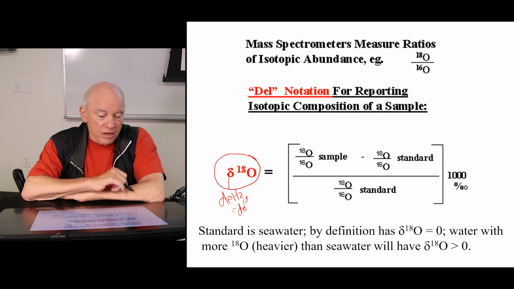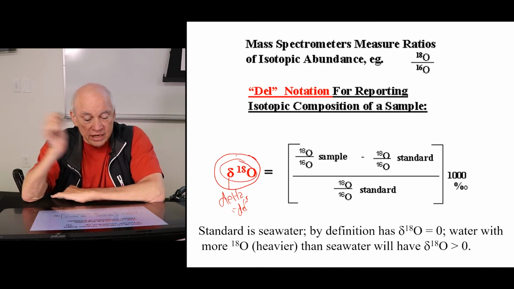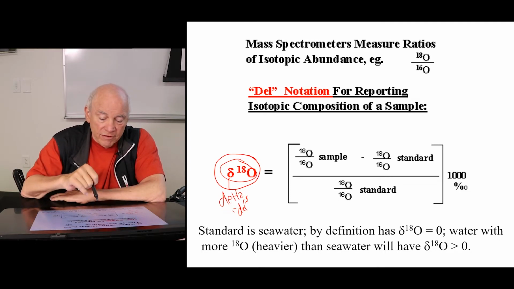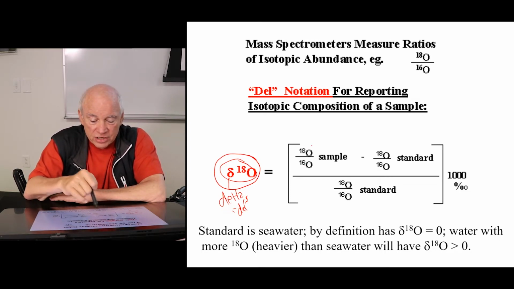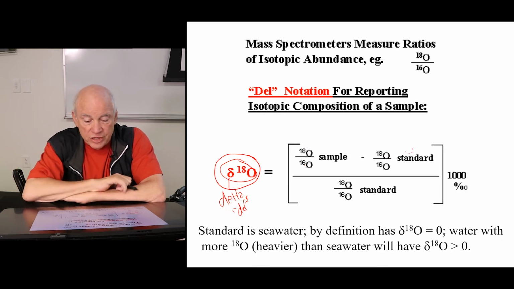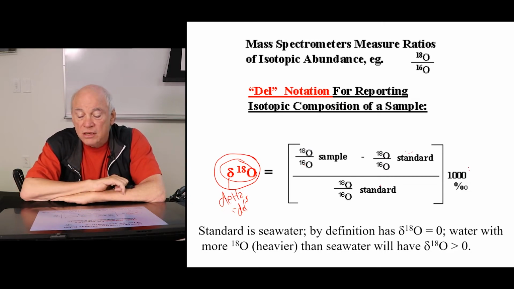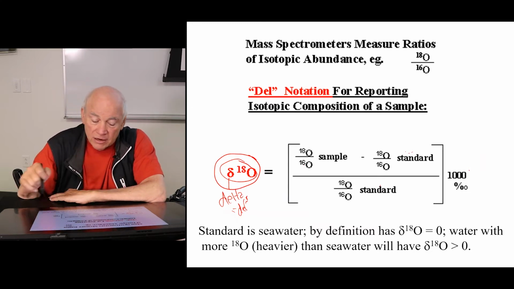And so we can talk about these very small variations, say in oxygen 18, using this kind of a formula. So the ratio of 18 to 16 in the sample minus that of a standard, which say is modern seawater, divided by that of the standard, times 1,000, is that value of del 18.